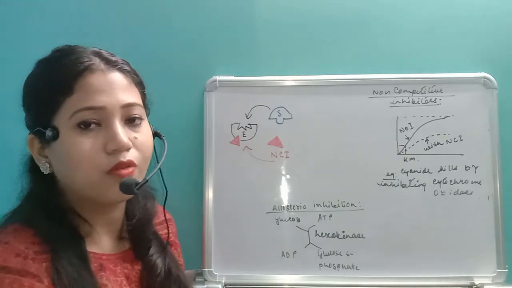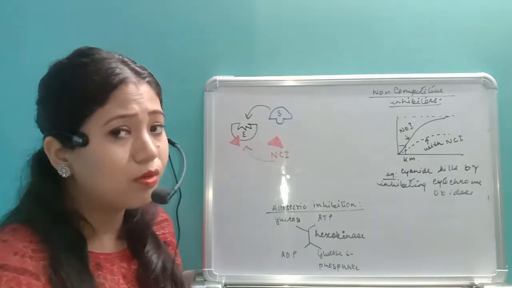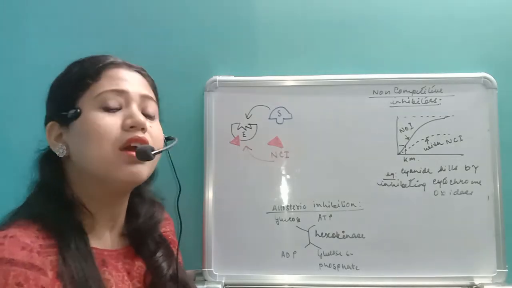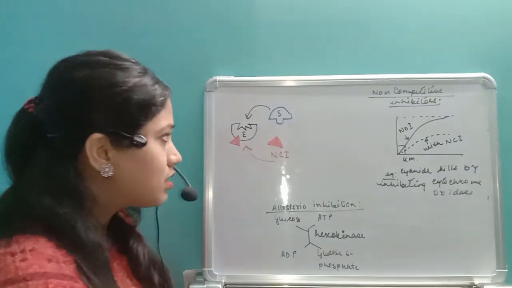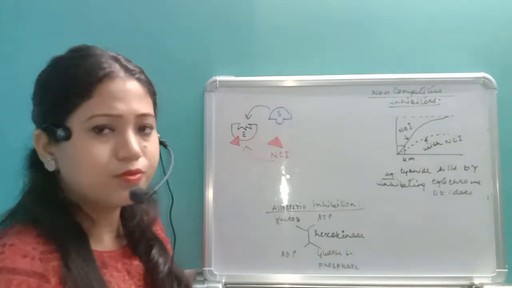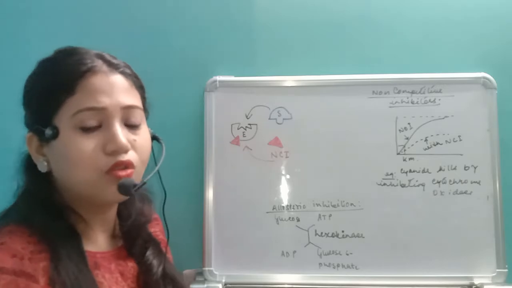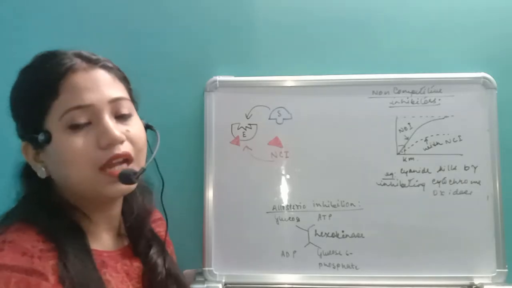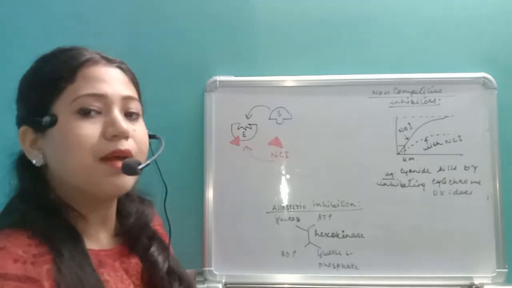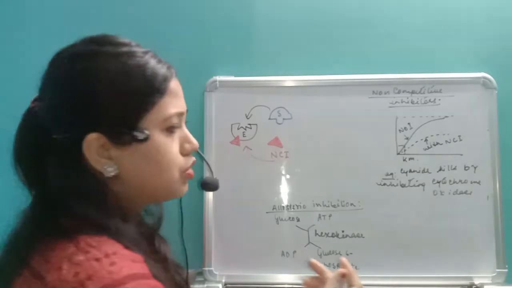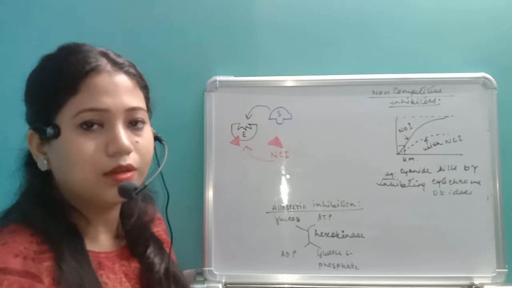There will be no product formation, and if there is no product formation, obviously that reaction can never happen. So even if you increase or decrease the substrate concentration, nothing is going to reduce the activity of the non-competitive inhibitor. There is one example. Suppose you have already learned the ETS.